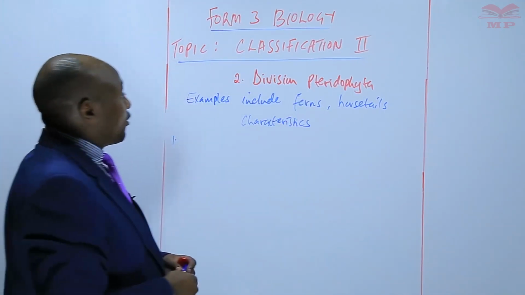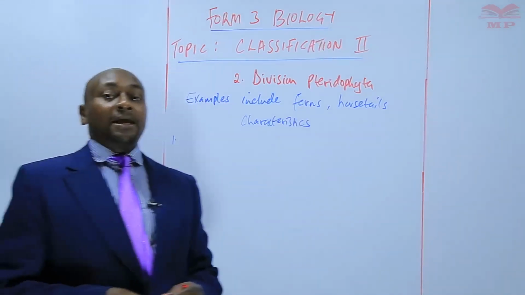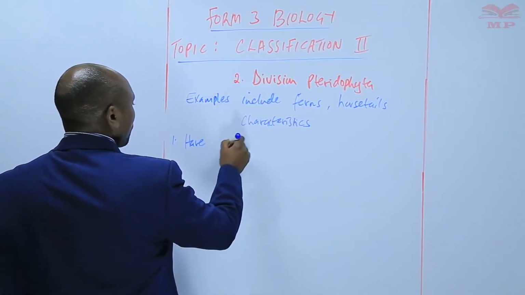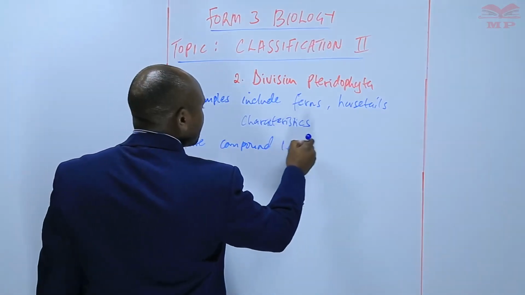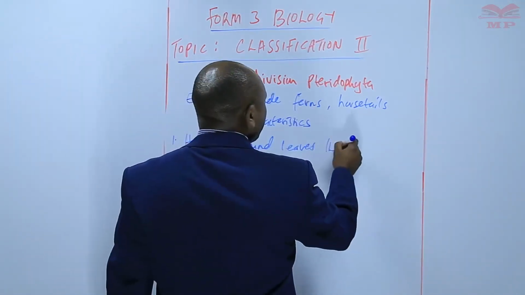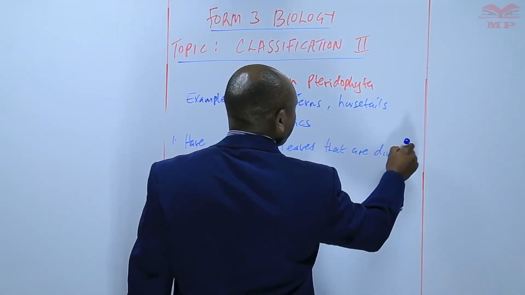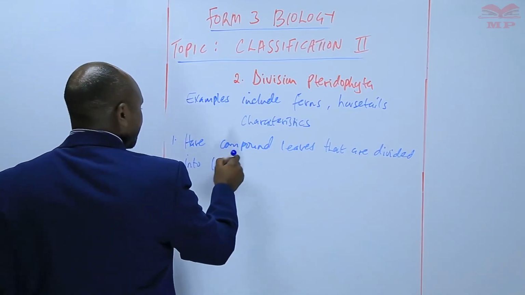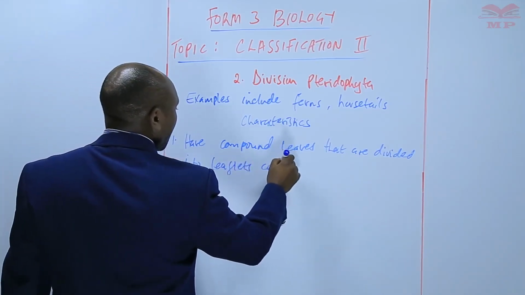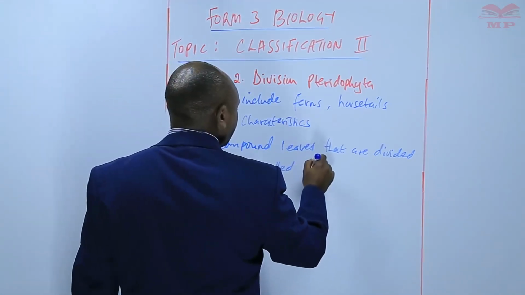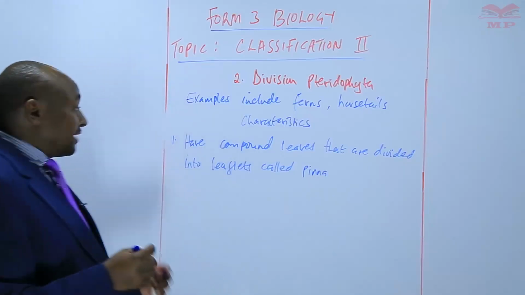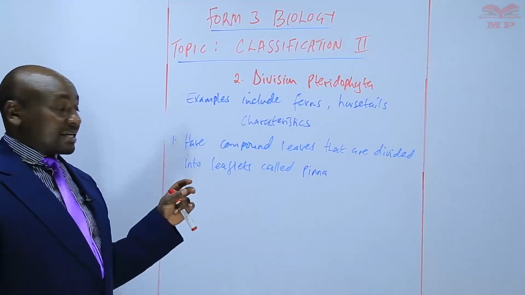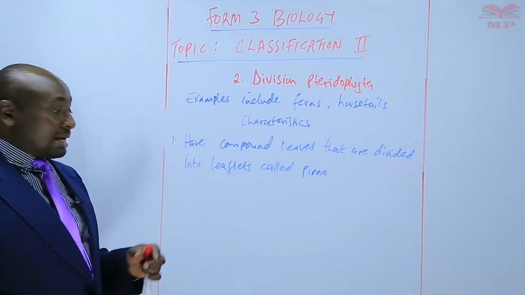Among the characteristics of division Pteridophyta is that they have compound leaves, and those compound leaves are divided into leaflets, and those leaflets are referred to as pinna.